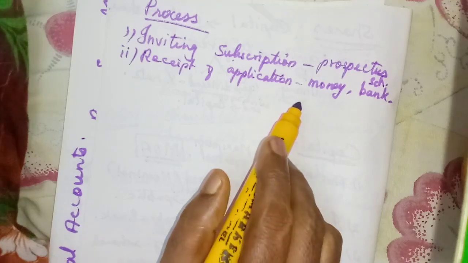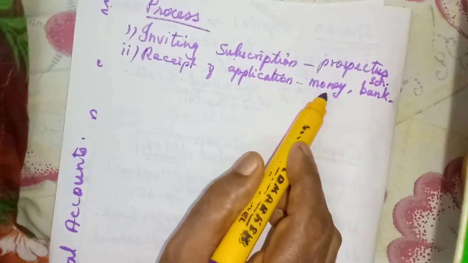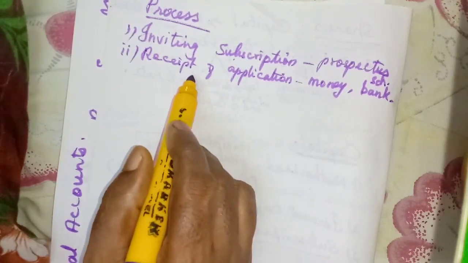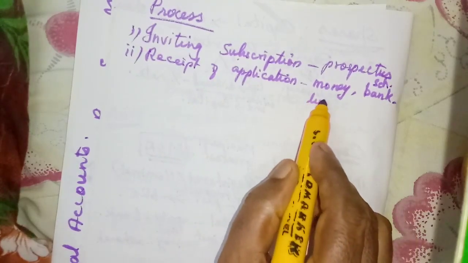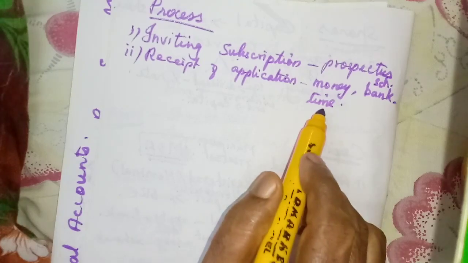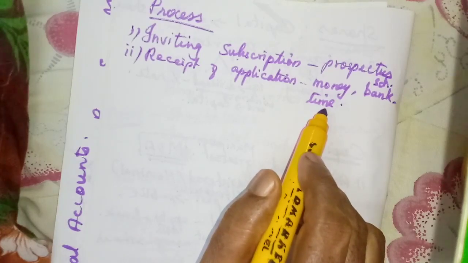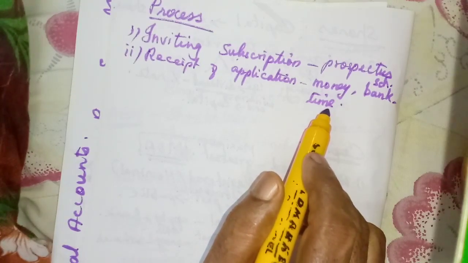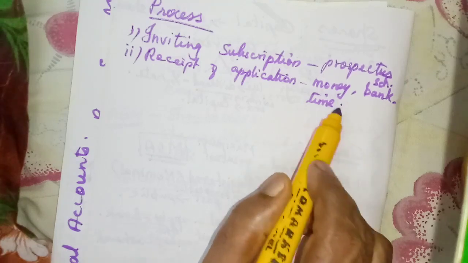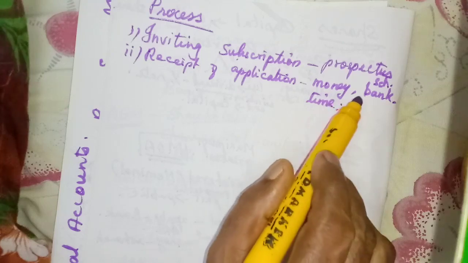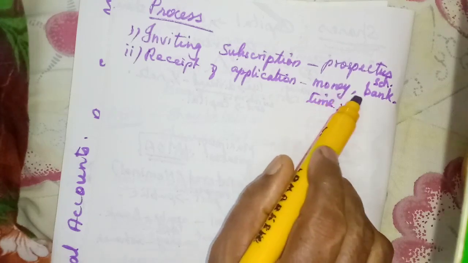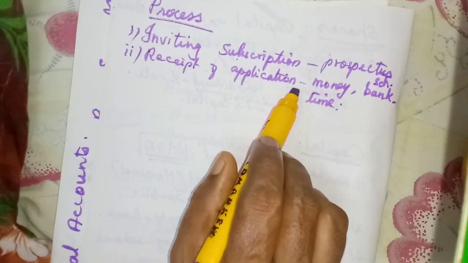They have to deposit the applications along with the application money in the bank within the time limit, within one month, or on or before 30th November 2020. The specified time limit will be given. Within the time limit, they have to apply for the shares of that company in that bank.